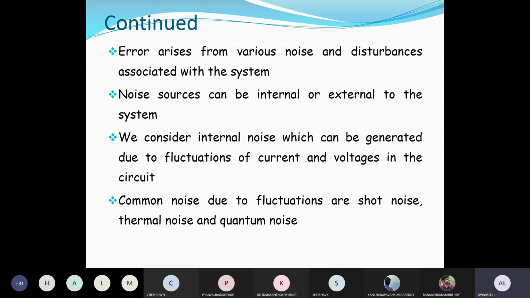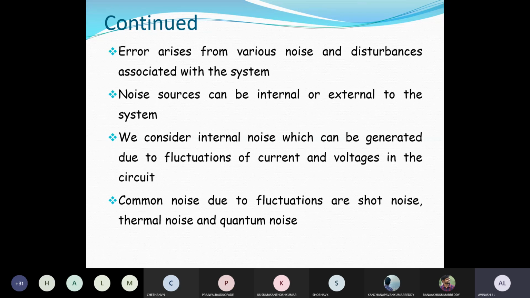The noise sources can be internal or external to the system. Internal means the circuit itself is generating the noise due to improper functioning or some other aspects. External noise means noise added while transmitting or receiving the signal. If anything is getting added, that is called external to the system.